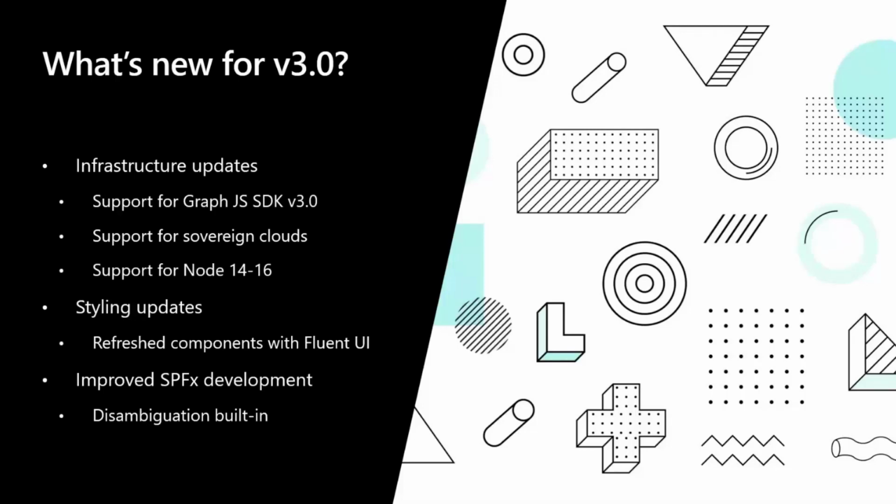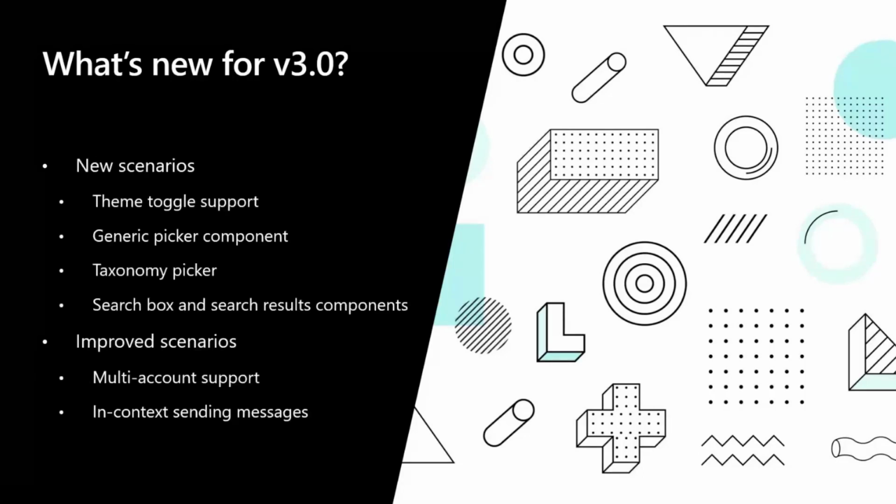Thanks, Paul, for that. So now let's look at our components. What's new really in V3? What will you be able to play with that is totally different? First, we have a new set of scenarios that we support. The first one is theme toggling.